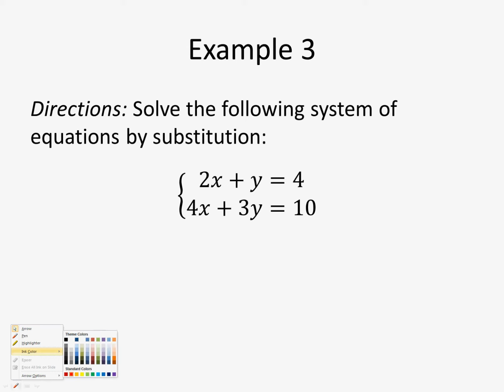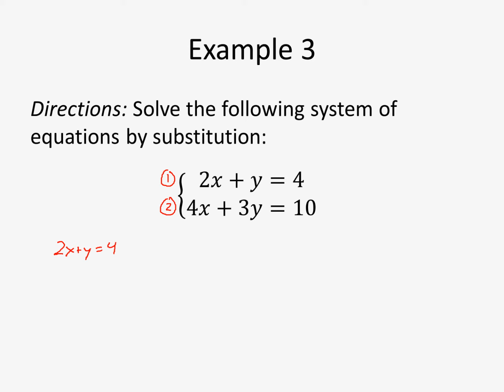Sometimes it's helpful to list these equations. If this is our equation 1 and this is our equation 2, let's take equation 1 and solve for y. We have 2x plus y is 4, but I want to solve for y, so I'm going to subtract 2x from both sides. Then I get y is equal to negative 2x plus 4.